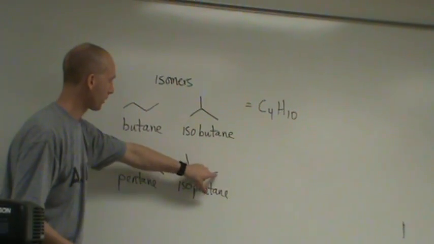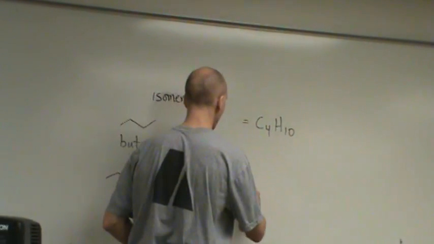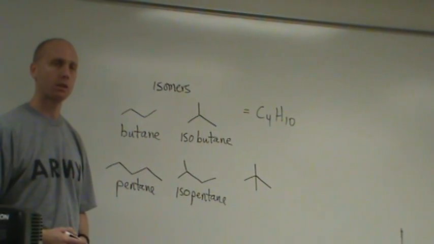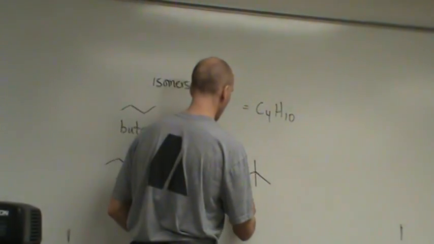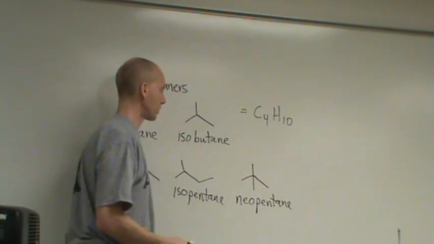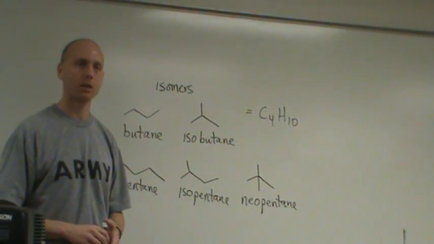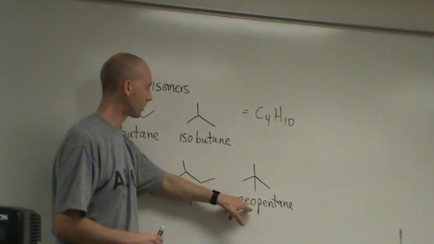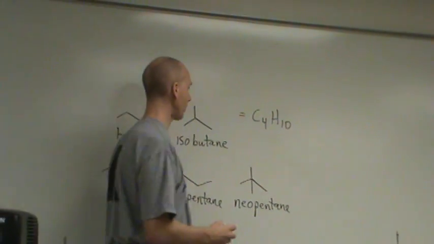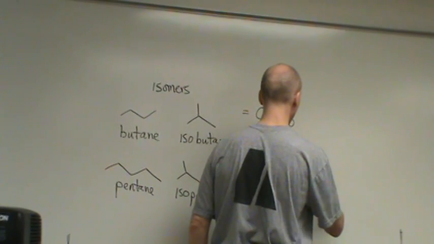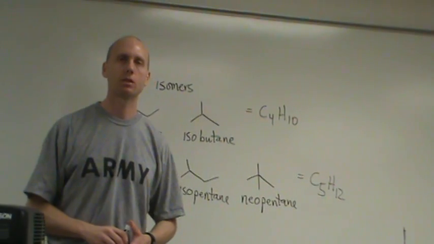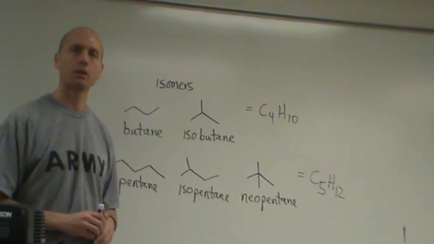And you could yank off this carbon and put it here. So there's another 5-carbon isomer. This would be a new isomer, so it's sometimes called neopentane. You know what neo means? New. So a new isomer of that. All of these would have the same molecular formula of C5H12. Are those showing up okay?